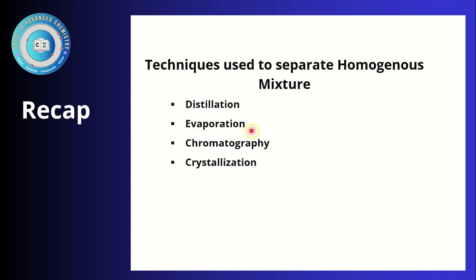Evaporation also depends on the vaporizing ability of a component. The principle of chromatography is based on the ability of the components of the mixture to be partitioned between two phases, mobile phase and stationary phase. The principle of crystallization is based on the solubility of the crystals. These principles help us to separate the components of the mixture.